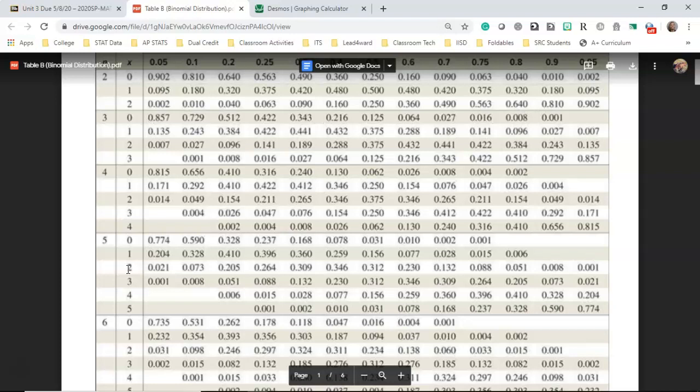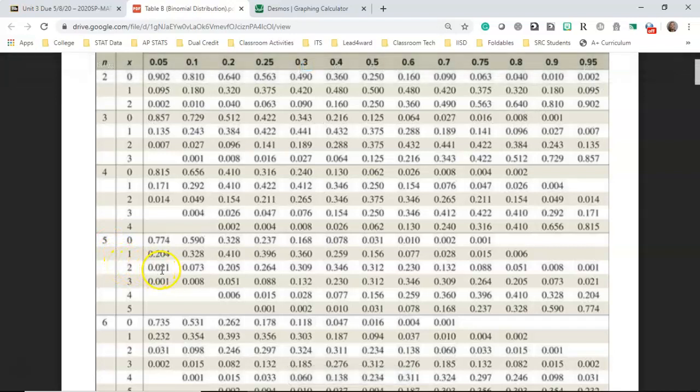In this case, the 0.05 was about the component failing. So that in essence is our success. And then the failure would be not failing. But you can do it both ways actually. But we go to our table, 5, 2 successes, and we go 0.05.